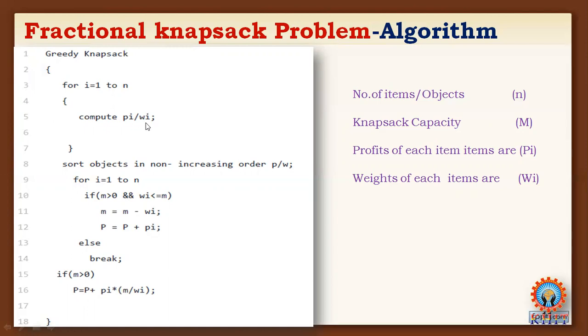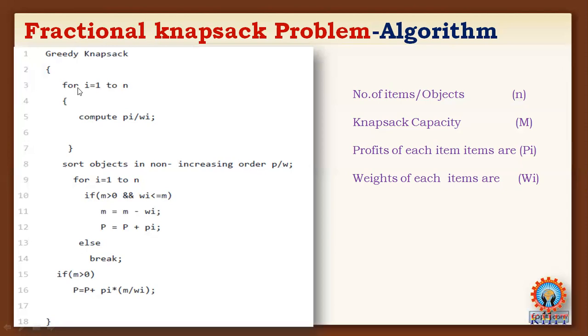So a total of n computed values you will get. Once all the Pi by Wi values are generated, you need to sort the objects in non-increasing order of profit by weight. That means arrange the objects in decreasing order.